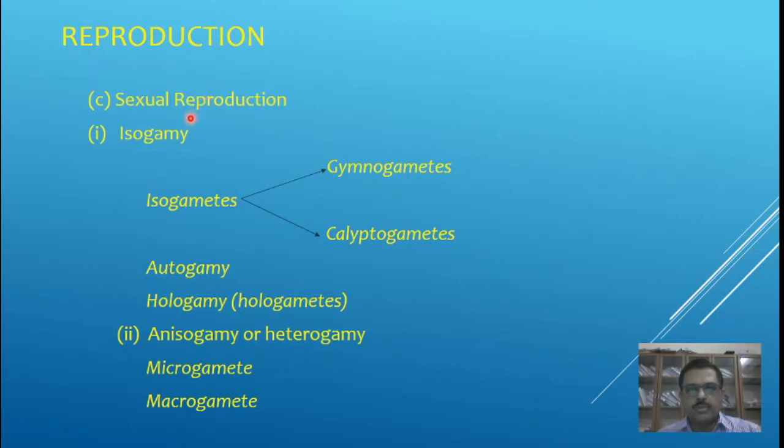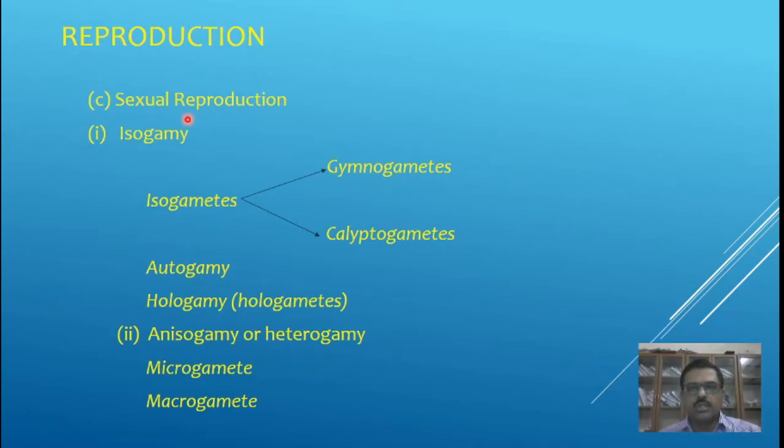This is called isogamy. Both gametes are similar morphologically and physiologically. അല്ലെങ്കിൽ നമുക്കിങ്ങനെ പറയാം, both gametes are morphologically or physiologically similar. കാരണം in some cases we find, like in the case of ectocarpus, we find that one gamete is non-motile while the other gamete is motile and moves to the non-motile gamete for fusion.